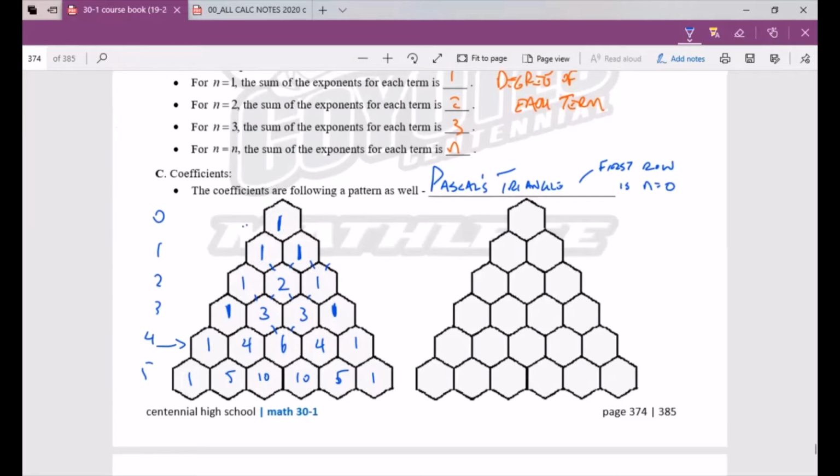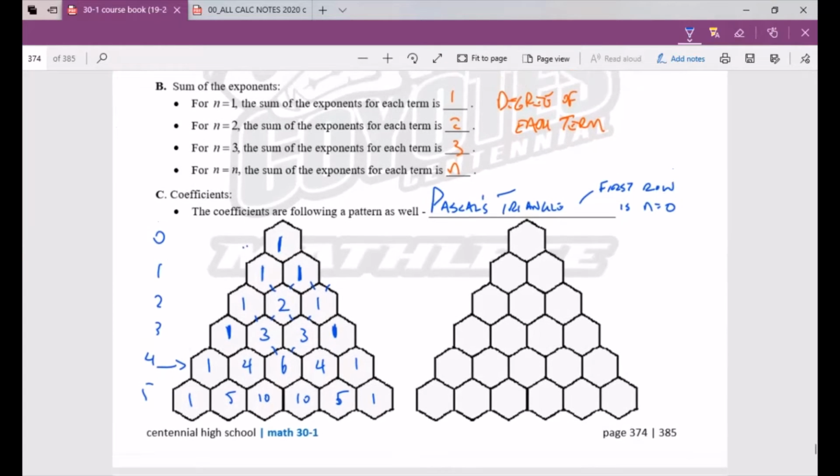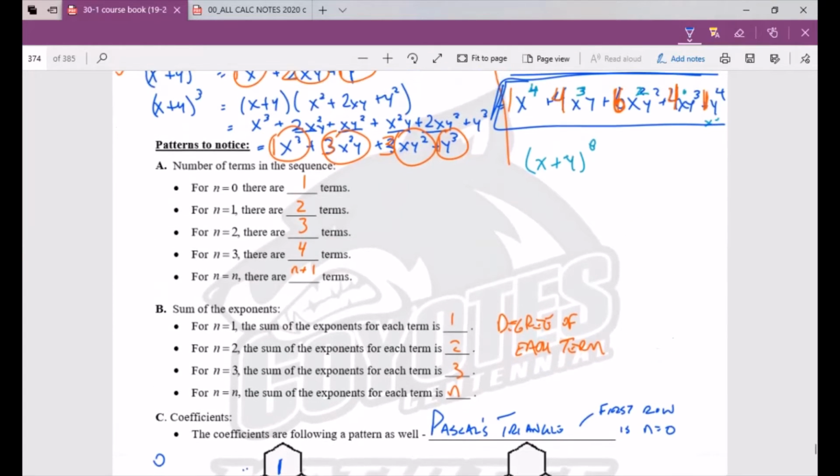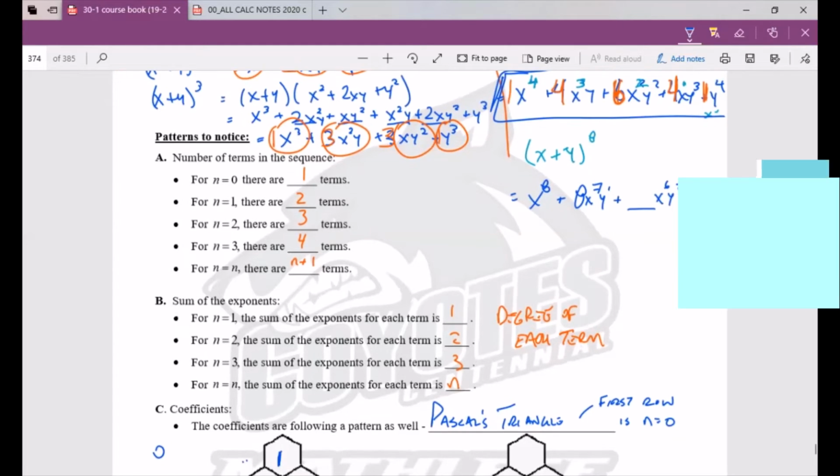And so if I wanted to expand out x plus y to the 8, for example, this would just be 1x to the 8 plus 8x to the 7, y to the 1 plus, and it's going to be some number of x to the 6, y squared. How tough would it be to find that number? Actually, not that tough. We would just go down to that row in Pascal's triangle.